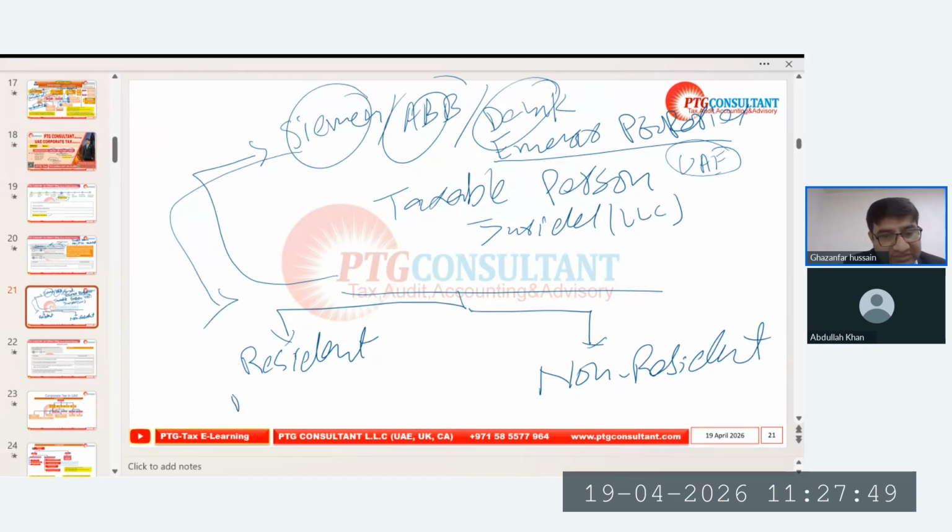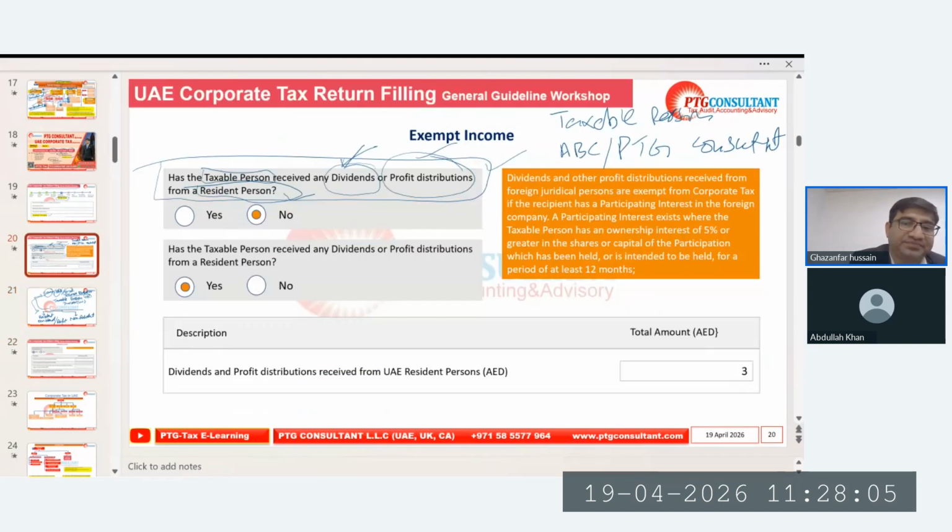So will the income coming from the UAE resident company be treated as exempt or not? It will be exempted. Is this income we receive from the UAE company exempt or not?